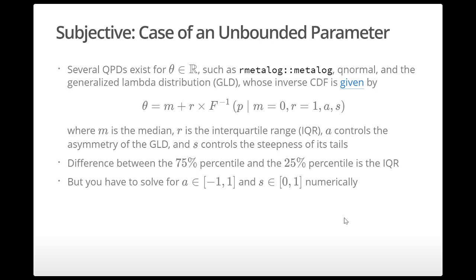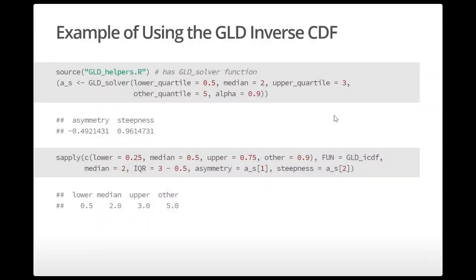So you can specify a median, a 25th percentile, and a 75th percentile, but that only pins down M and R. So you have to specify an extra quantile, and you're going to have to solve for A and S numerically. The function is kind of complicated, but I've already implemented it.